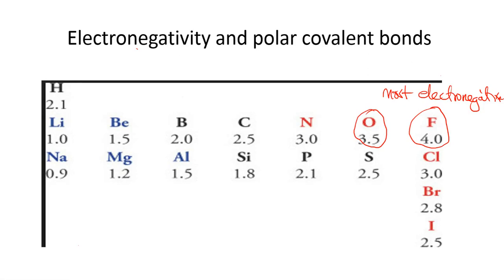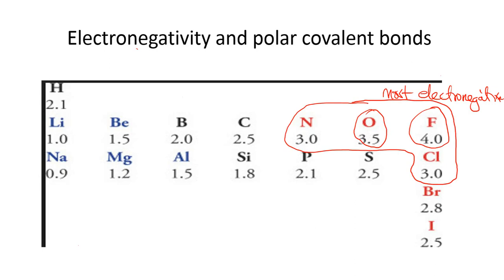Then we have chlorine here and nitrogen. So the atoms that are really electronegative on the periodic table are nitrogen, oxygen, fluorine, and chlorine. Bromine a little bit and iodine a little bit. You can see that the electronegativity of iodine is similar to the electronegativity of carbon.